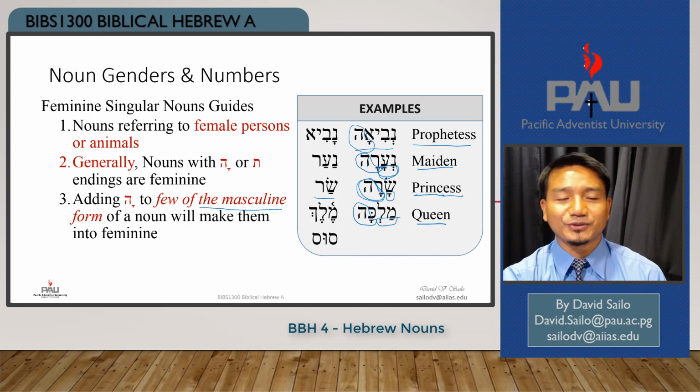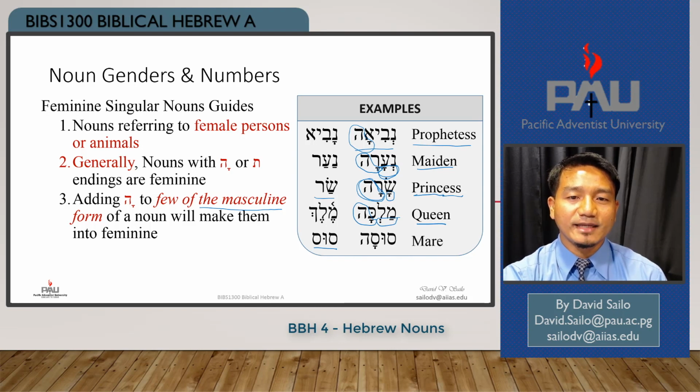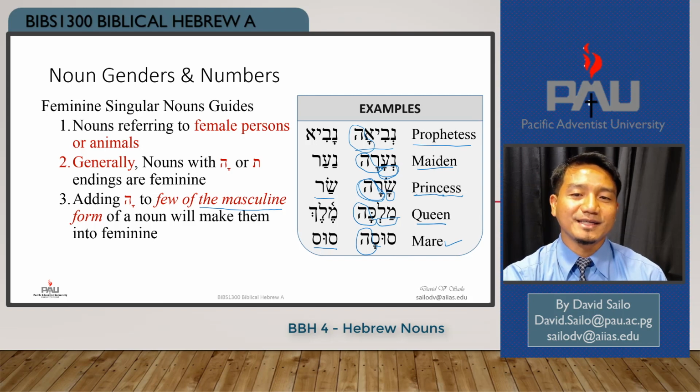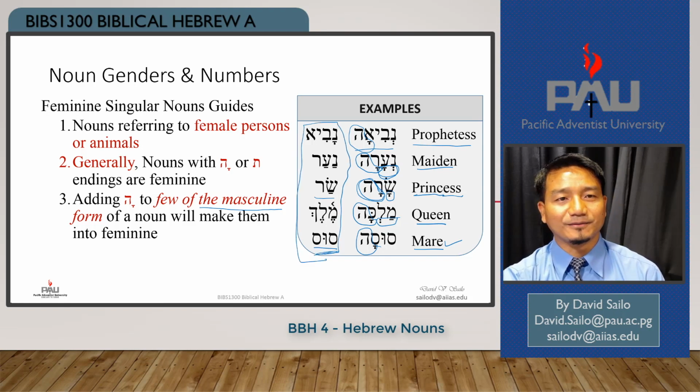Again, we have Sus. This is horse. And if you add kamets he to Sus, then you get a mare, which is a female horse. So you see that by adding kamets he to some of the masculine nouns, you get a feminine noun.